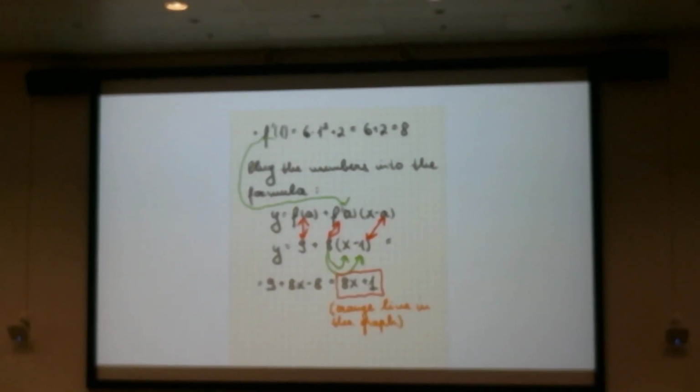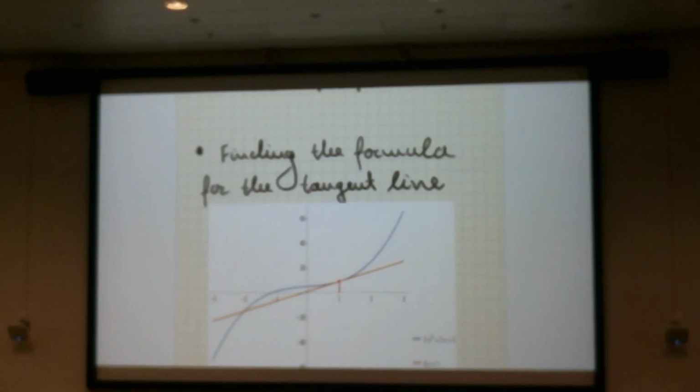So if I know a function, and if I know how to take a derivative of that function, and I know a specific point that I'm interested in, like in this example, I could have chosen any point really. I just chose 1. I could understand how the whole tangent line looks like and how it works.